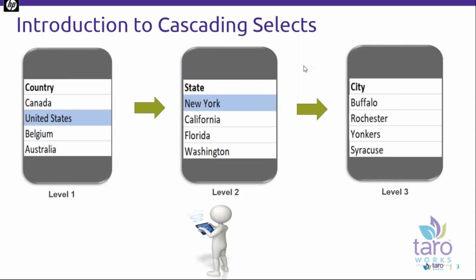An example is the selection of a country, then states in that country, then cities in that state. This feature streamlines the mobile user experience to save time and increase the quality of data.